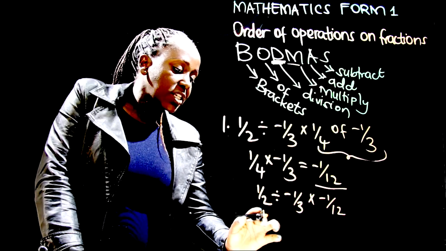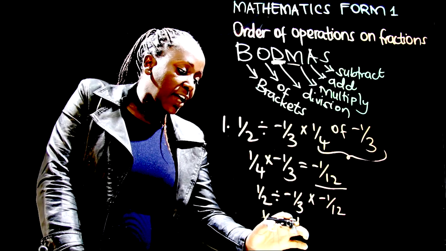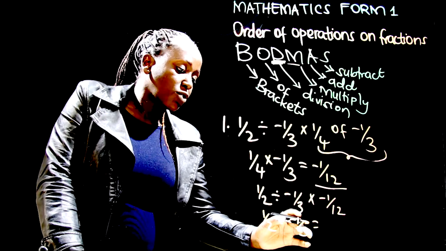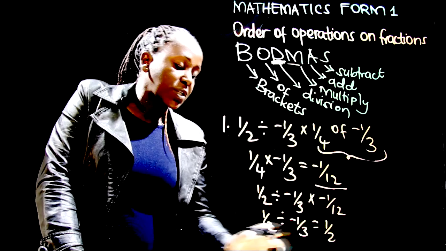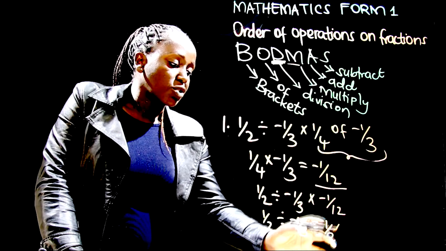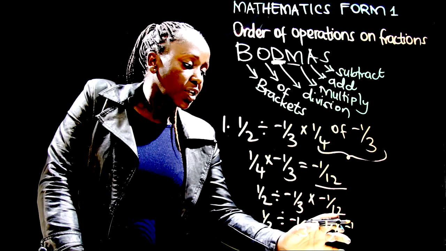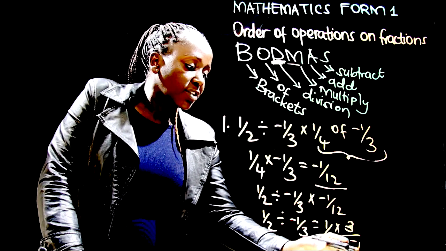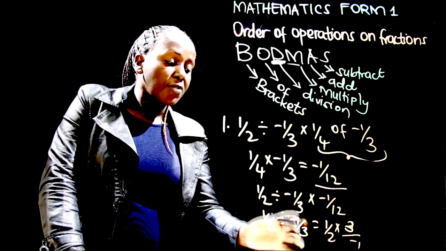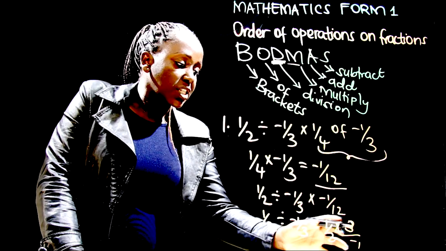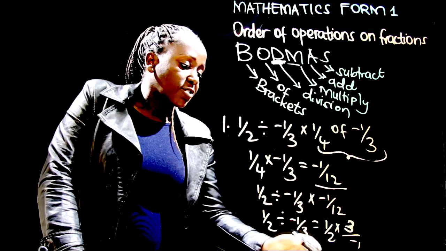So now this is a half divided by -1/3, which is equal to a half. We change the sign to multiplication, and then we take the reciprocal of the fraction, 3/-1.